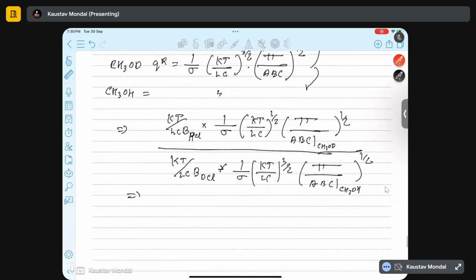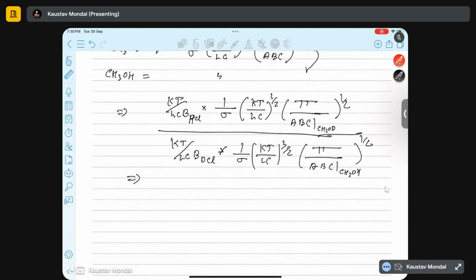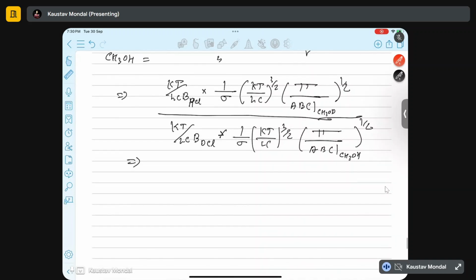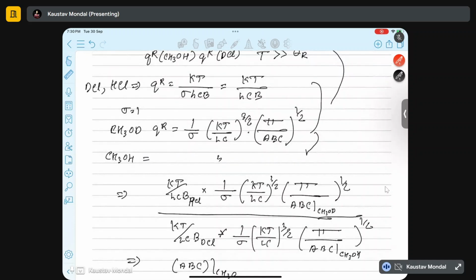Now from here, all these kT and sigma constant terms will cancel each other, so we will be left with ABC of CH3OH.